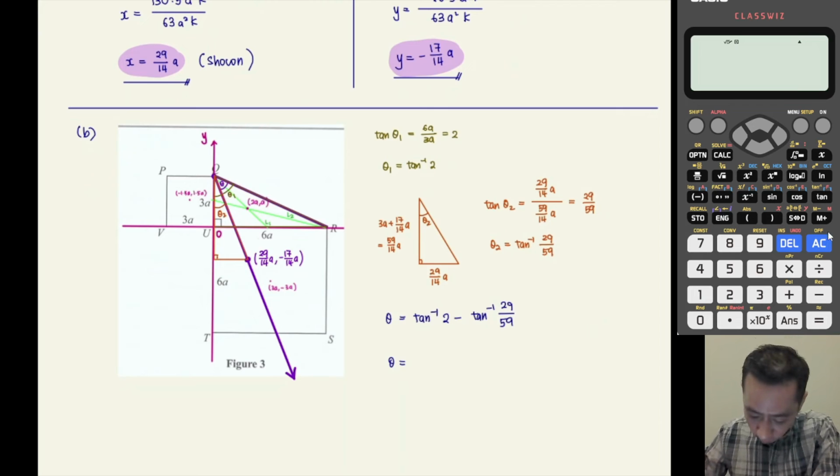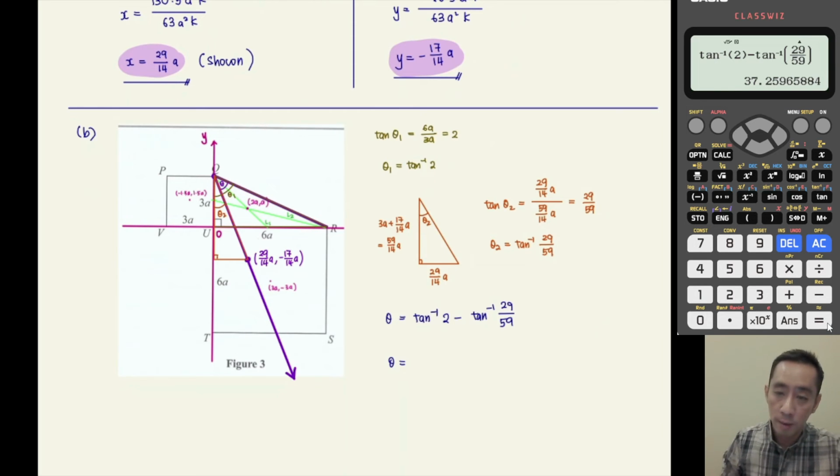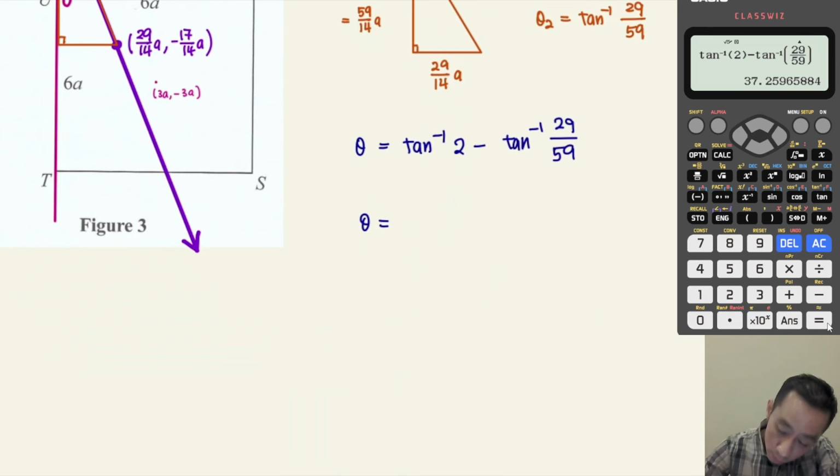Okay, so now I just need to rely on the calculator: arctangent 2 minus arctangent 29 over 59. Okay, let's see what we get here. 37.3. Round off to one decimal place. So it's 37.3 degree.